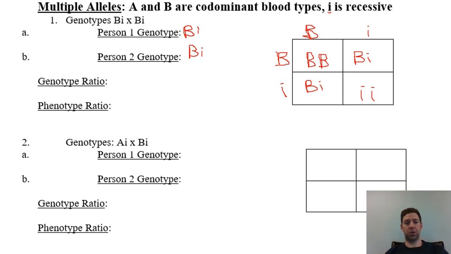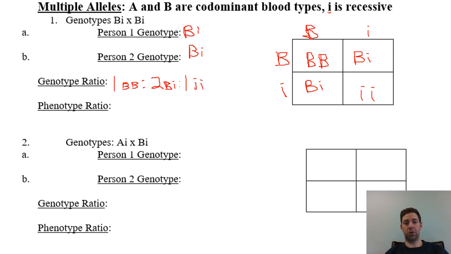So our genotype ratio, I think the easiest way to do it is just label your answers. We have 1BB. Try to write in order from most dominant to least dominant. It just kind of is a good pattern to keep. We got 2BI and 1II.